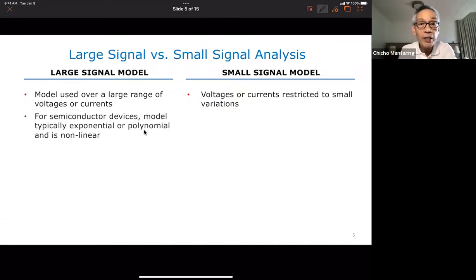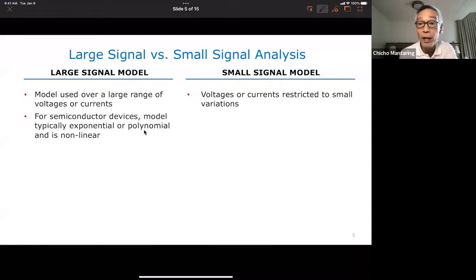Now, for semiconductor devices, the large signal model is typically exponential or polynomial. So nakita na natin yung diode. If we're not using the piecewise linear model of the diode, if we're using the Shockley model, the equation is exponential. You also learned in EEE 123 that for a MOS transistor, your model is polynomial. You remember in saturation, your drain current is proportional to VGS minus VTH quantity squared.